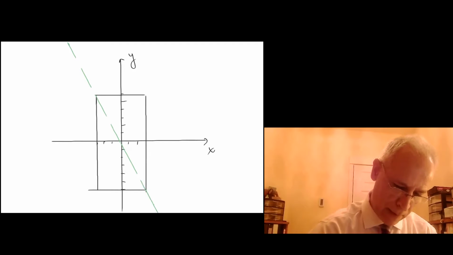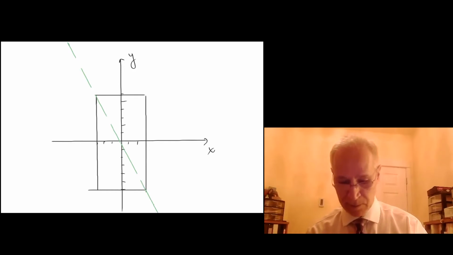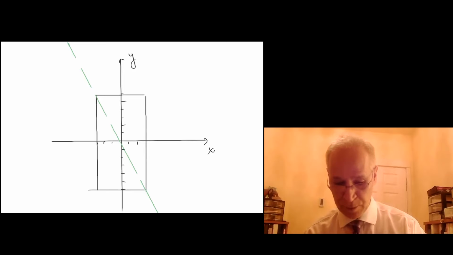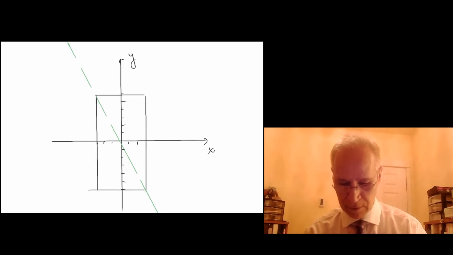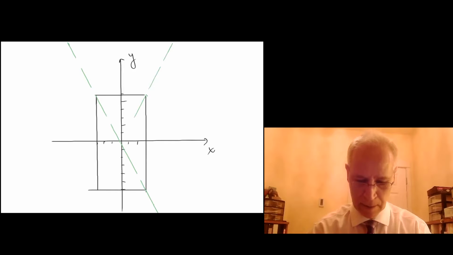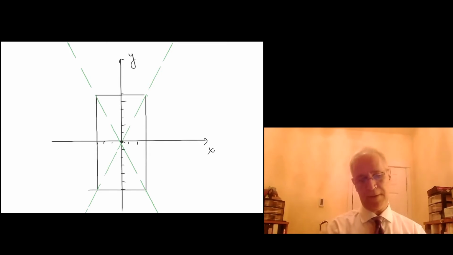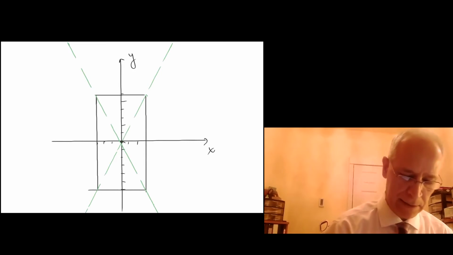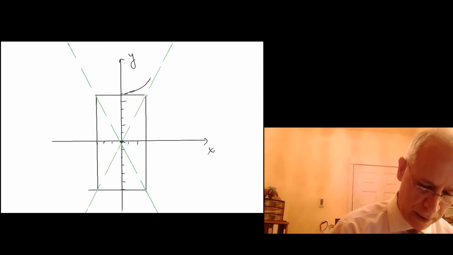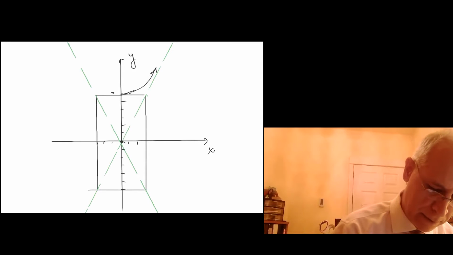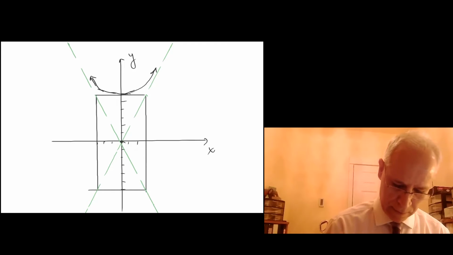I'm not doing so good because my asymptote should be going through the origin, but I think you get the idea. Okay, so this is the 0, 0 right here. And remember that this is opening up and down, so it's going to look something like this.